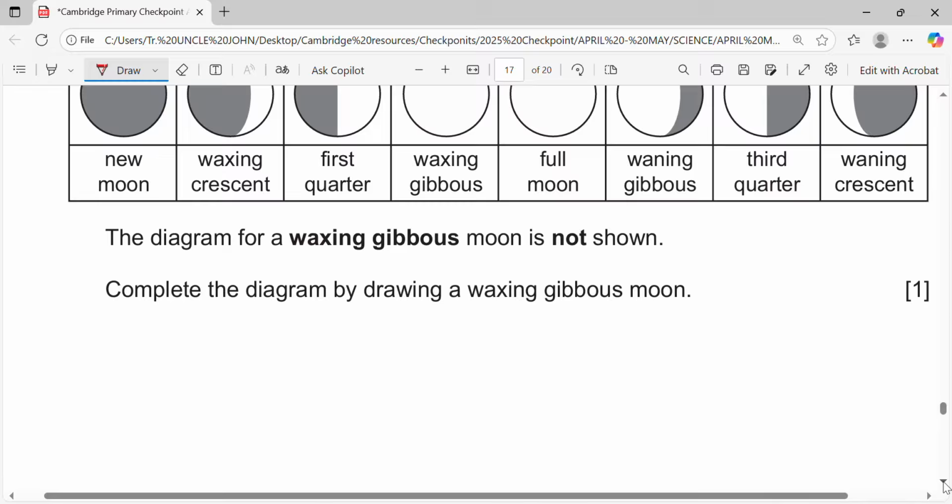The way you have to draw it, you of course need to draw it in this way. The waxing gibbous moon.